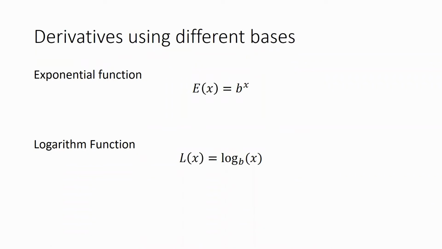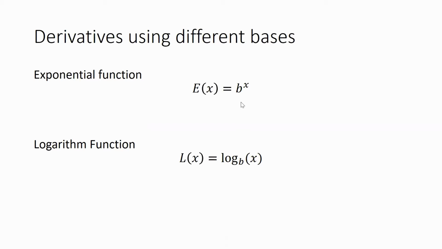Now that we've seen how to do chain rules and how to do combinations of chain rules, we can figure out how to take derivatives of exponential functions and logarithm functions with different bases.